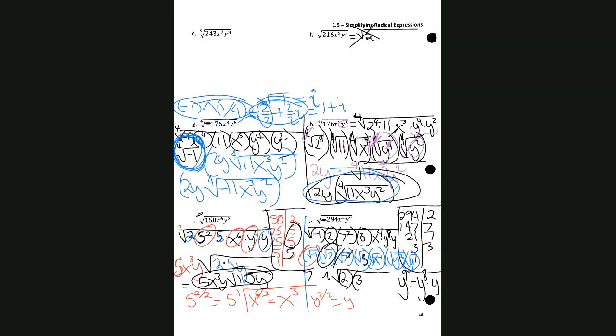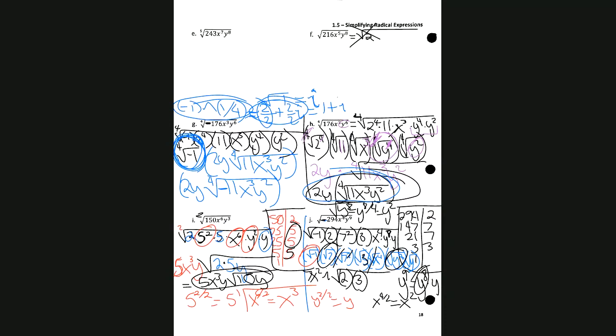The next one will be x to the power 4 over 2, which gives me x squared. So we will take that outside the radical. And then for y to the power 8, well, the square root of y to the power 8 is the same as y to the power 8 divided by 2, which is y to the power 4.